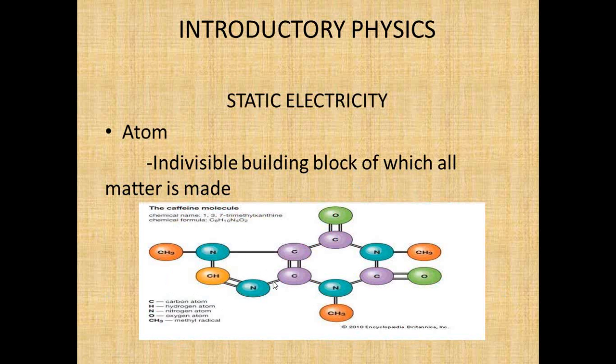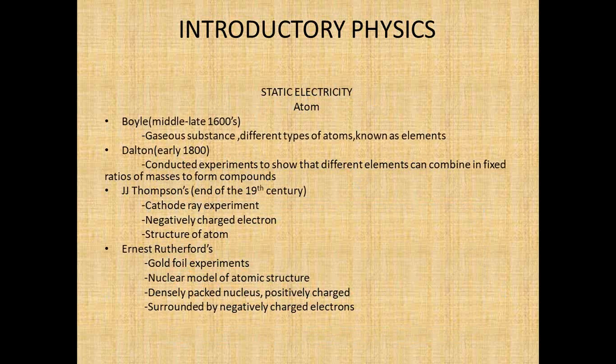Let's see, there is no hydrogen atom. Okay, there is a nitrogen atom, you have oxygen atoms, and you have methyl radical. And we will explain why we call it a radical. But this caffeine molecule is made up of several different types of atoms combining together. If you break it down, then you get the atoms. We're going to look at the structure of these atoms, okay?